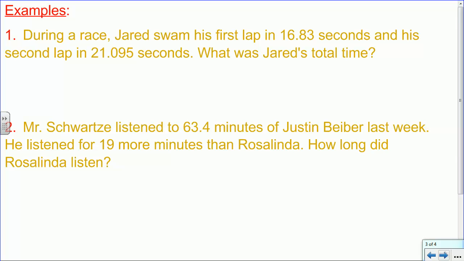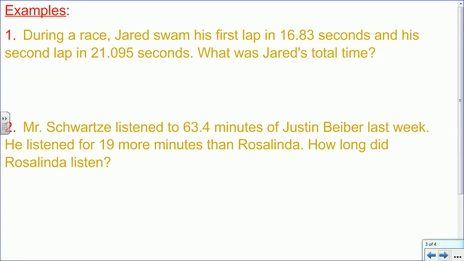The first one, please summarize this just as I do. So Jared swam his first lap in 16 and 83 hundredths seconds, and his second lap of a two-lap race in 21 and 95 thousandths seconds. What was Jared's total time?